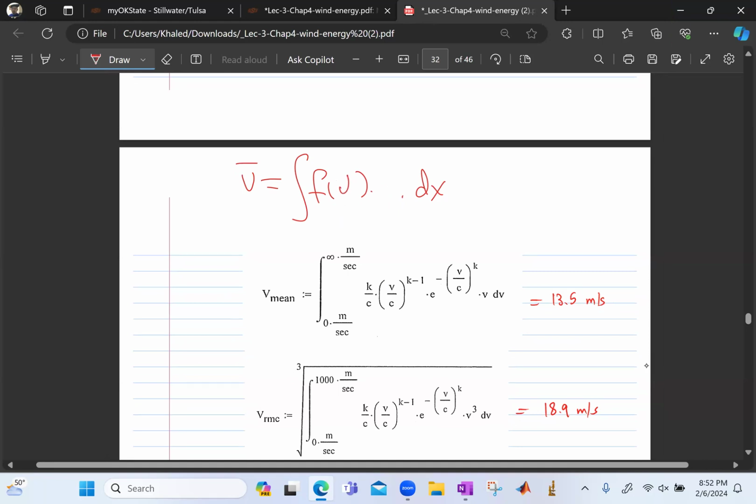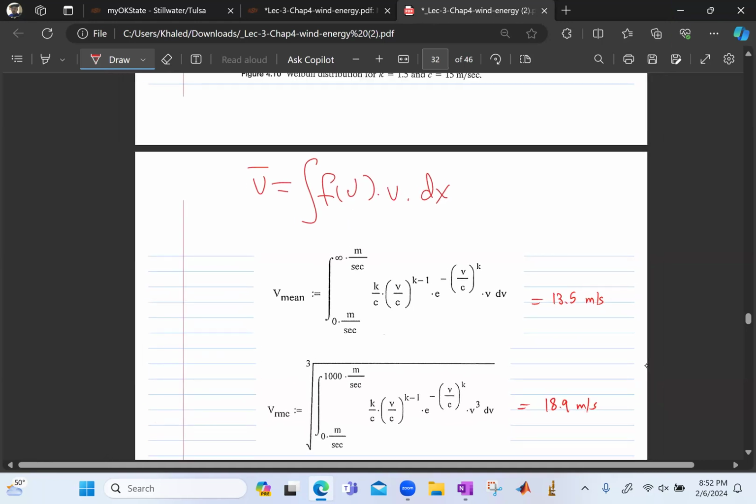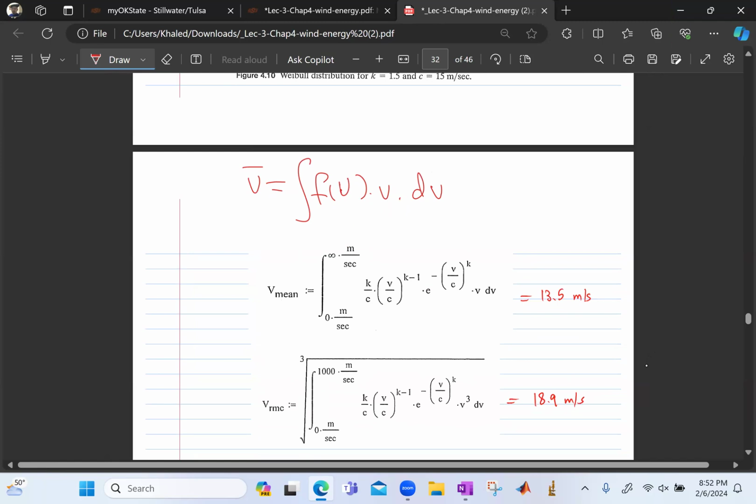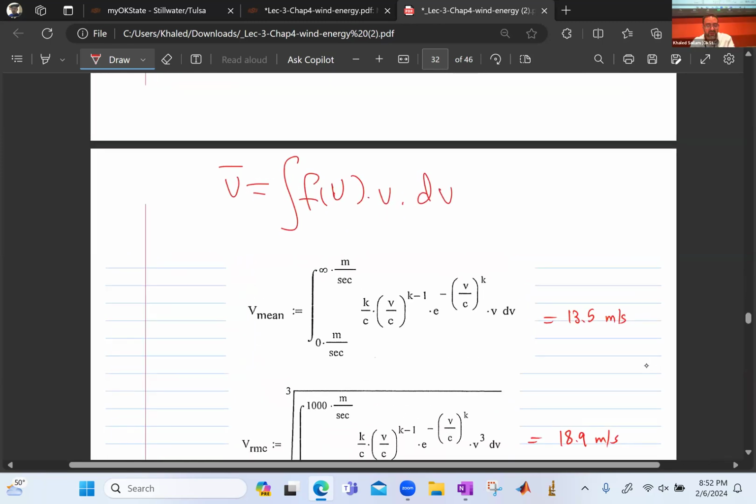So you're going to write this. This is the average velocity: f of V multiplied by V multiplied by dV, and you integrate. And then you replace f of V with this guy, because it's Weibull.